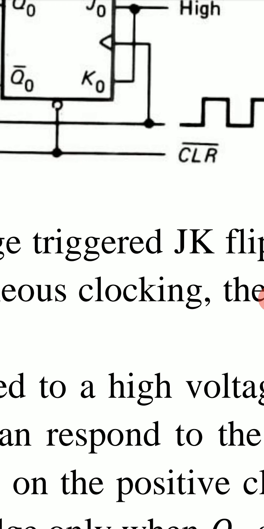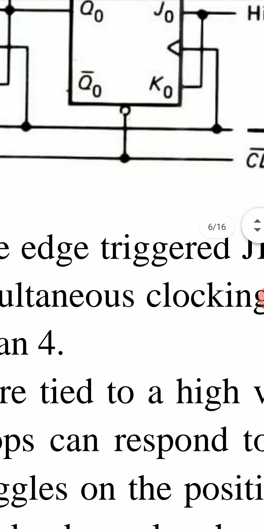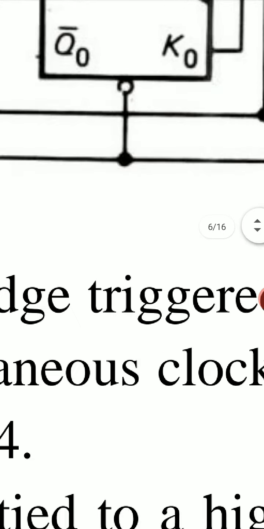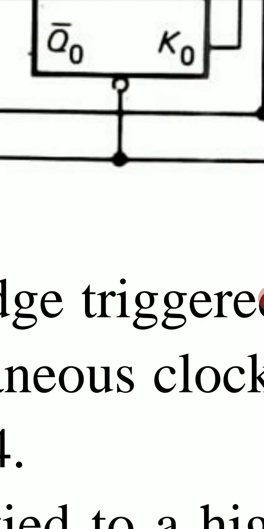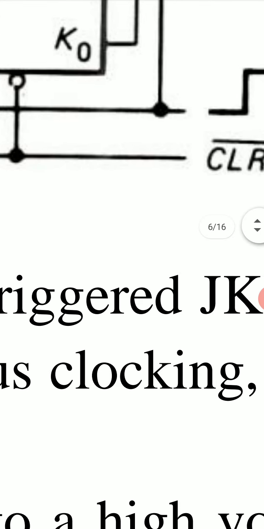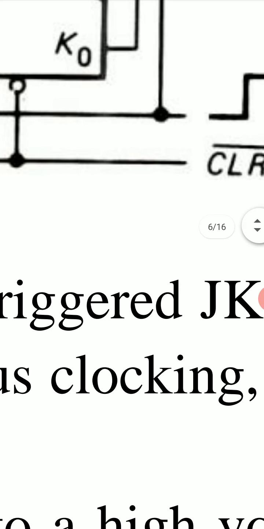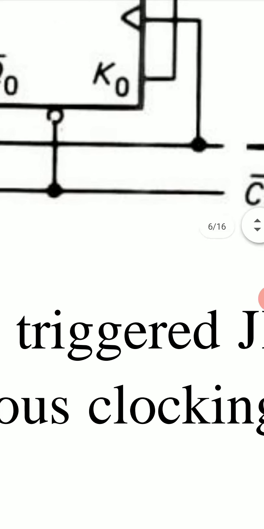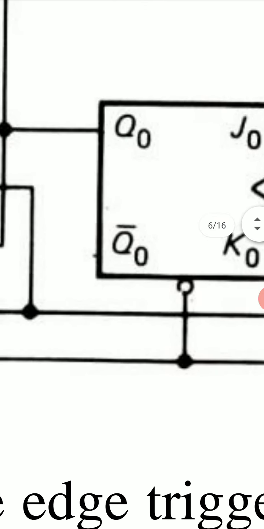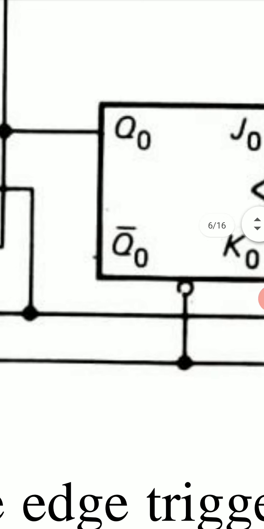It is low active. It is indicated by this bubble. Means when CLR bar is low, it will be active and do its work of clear. Clear means Q0 is 0, Q1 is 0, Q2 is 0, Q3 is 0.